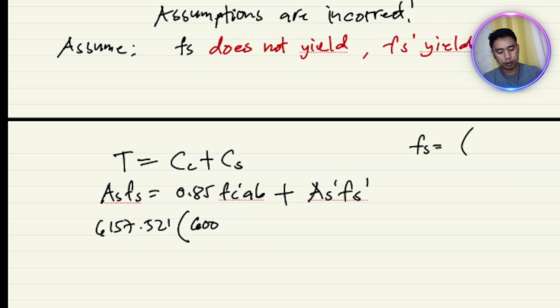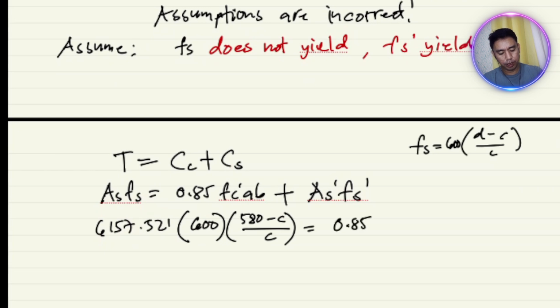Fs is equal to 600 times d minus c over c. So this is 600 times 580 minus c over c. This is equal to 0.85 of Fc prime, 21, times b, yung a.